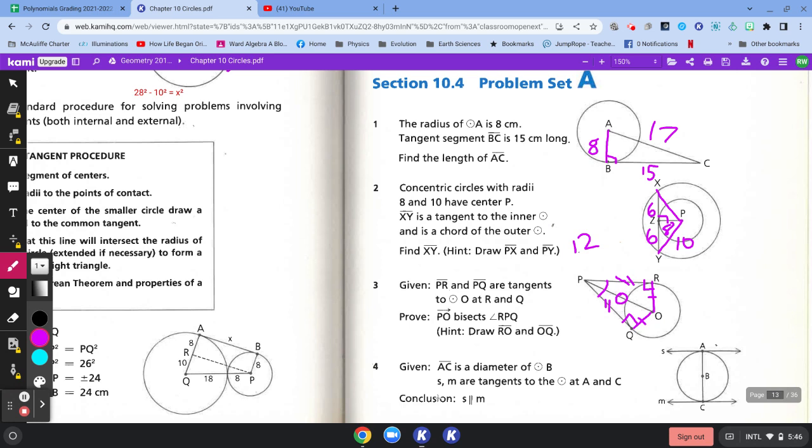Number 4, given AC is a diameter of B, and lines S and M are tangents to the circle at A and C, we want to conclude that S is parallel to M. All right, think about that for a second, and then pause the video and come back.